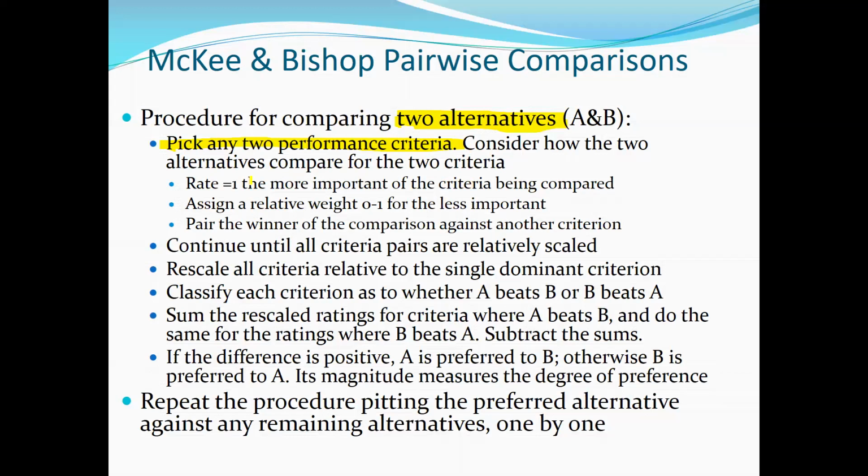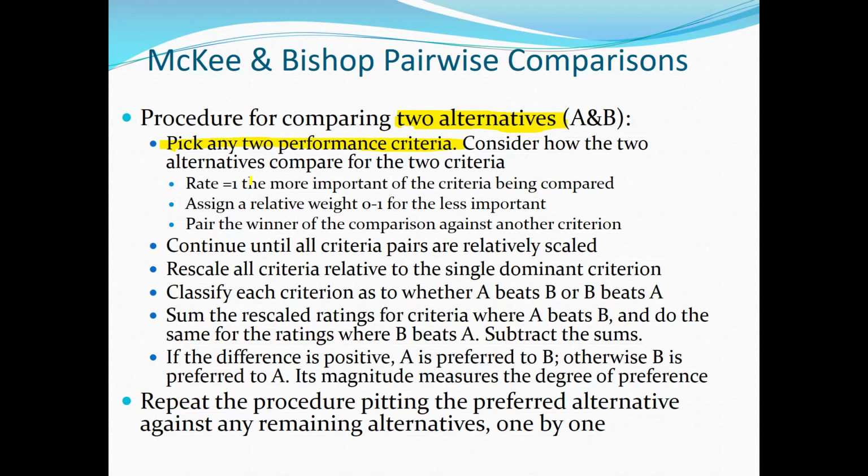This is what we're talking about where you have multiple performance criteria, okay? You have four or five different criteria. So you pick any two performance criteria. It's always easy for folks to compare two different criteria. Two different criteria is easier.